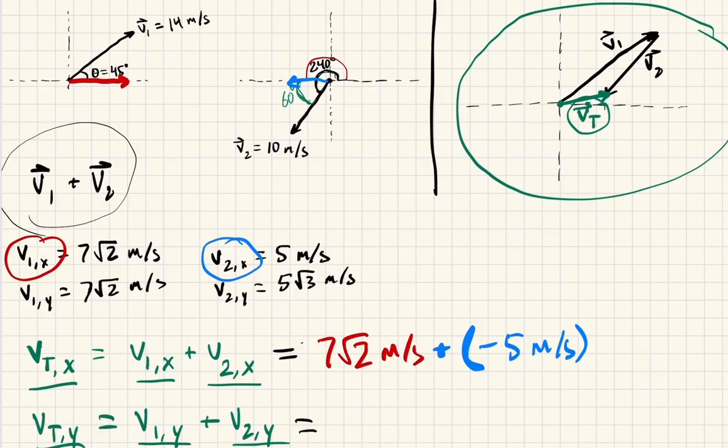Likewise, for the y components, okay, vector 1's y component is 7 root 2 meters per second. And vector 2's y component is 5 root 3. However, it points down, okay? And so we're going to go ahead and make that negative as well.